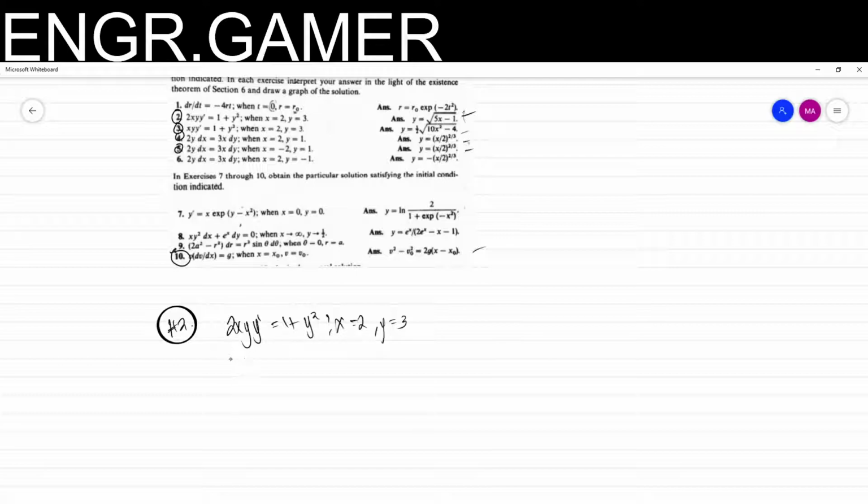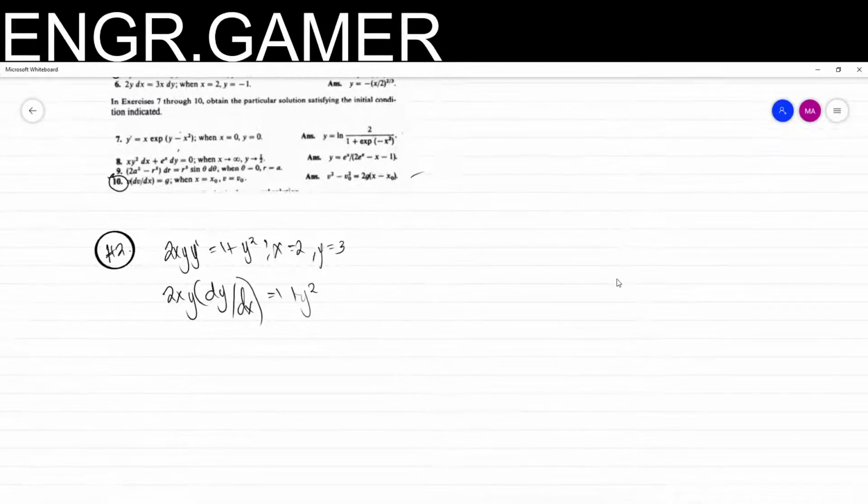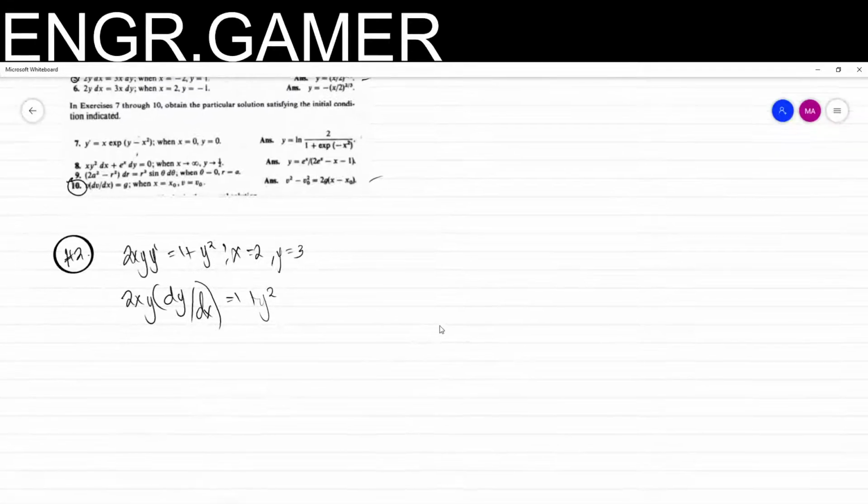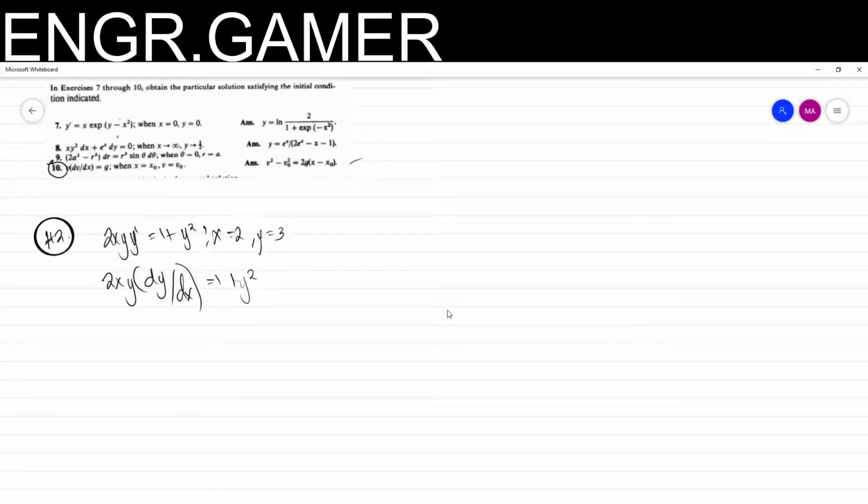So, this one, we may write as 2x y dy over dx, y as a function of x, is equal to 1 plus y squared. Okay? So, by separation of variables, lahat ng x lagay natin sa right side, lahat ng y lagay natin sa left side. So, paano natin siya gagawin?